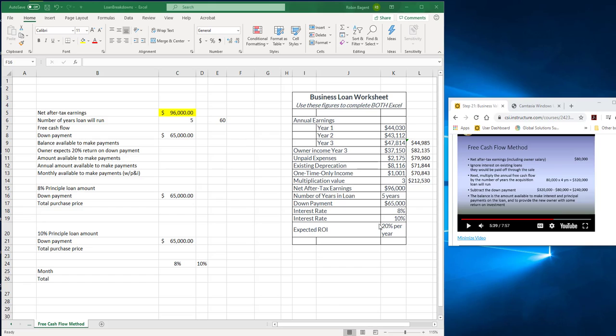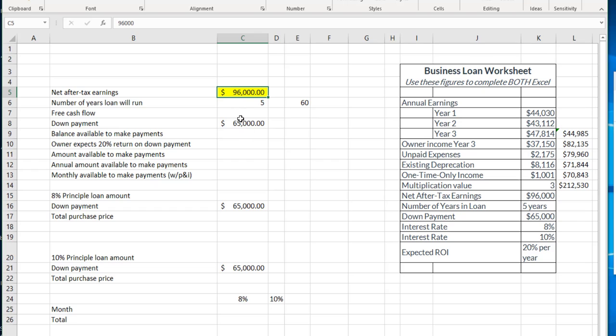And I've taken the information here and I've added it over here as needed. So we start off with $96,000. And the length of the loan is 5 years, which is 60 months. So that puts our free cash flow, so the total involved, as $480,000.